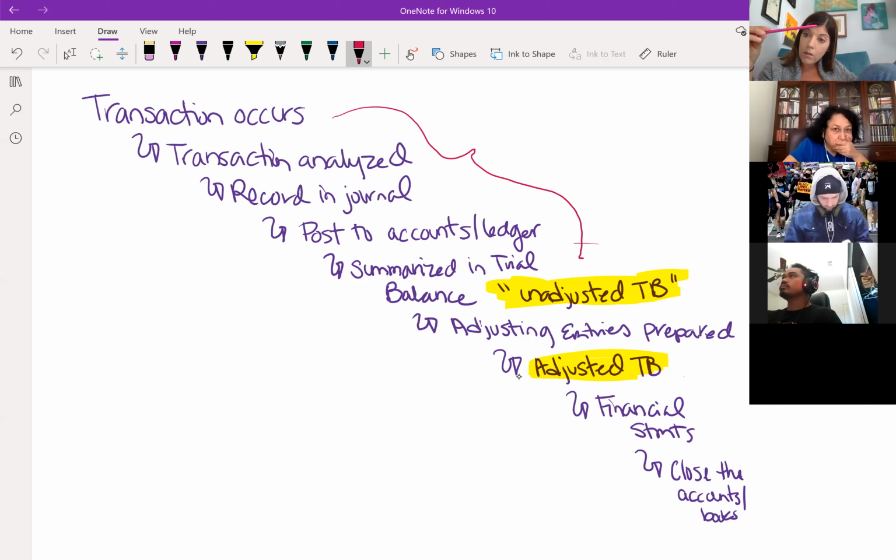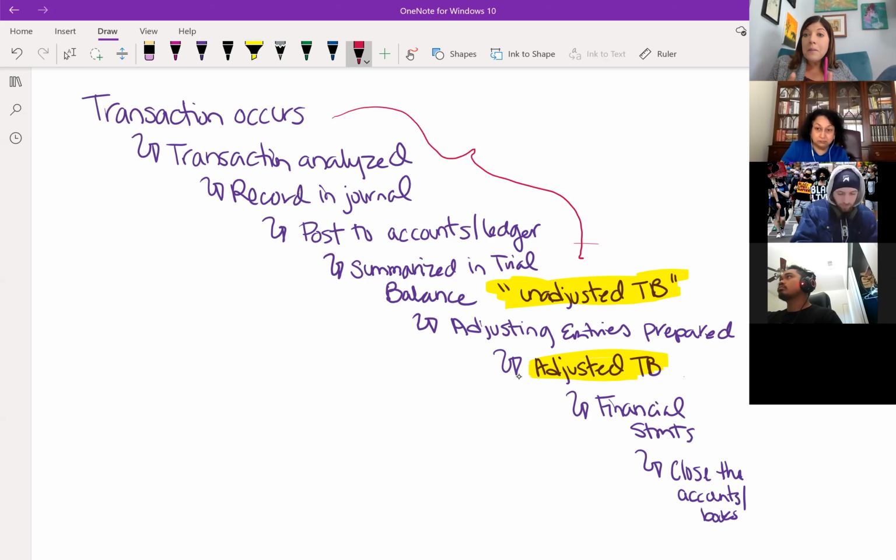If I'm talking about a restaurant from an accounting perspective, it's not worth my time to figure out the ending inventory balance or how much inventory we used every single day. So I'm not going to do that until the end of the month, to record cost of goods sold, the inventory we used during that month.